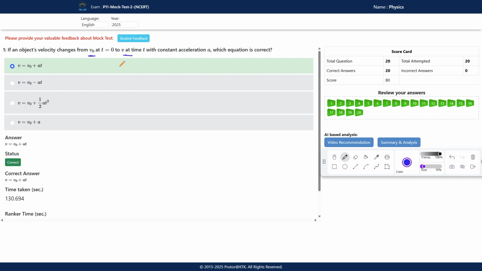So A is correct, because we know there are three equations of motion: v square minus u square equal to 2as, and s is equal to ut plus half at square, and third one v is equal to v naught, or we can say u plus at. So this one is correct.